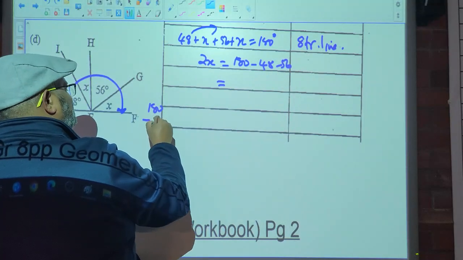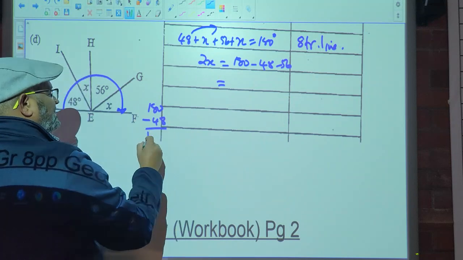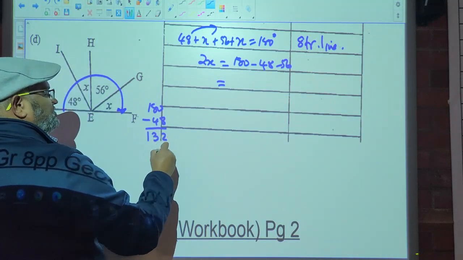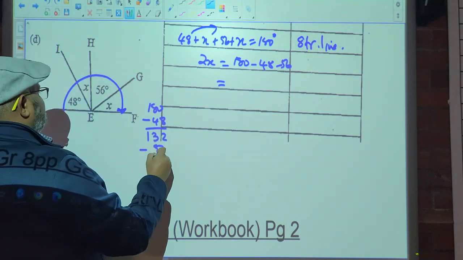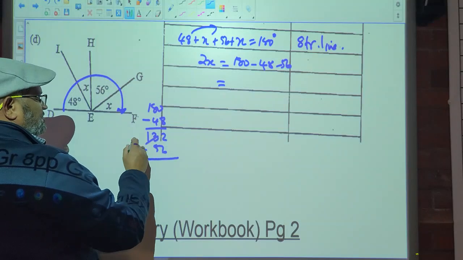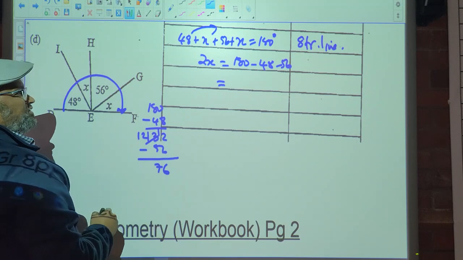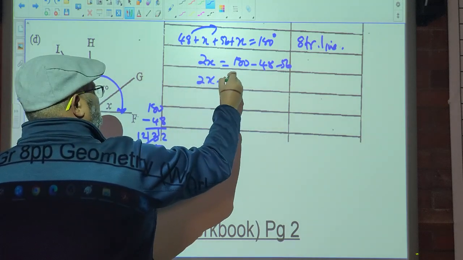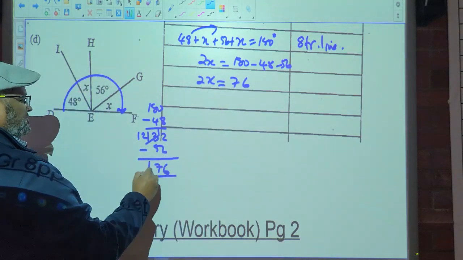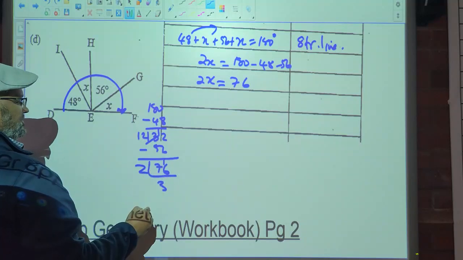The 180 minus 48 is 132, minus 56 gives you 76. Is that correct? So 2x equal to 76, divided by 2 gives you 38.